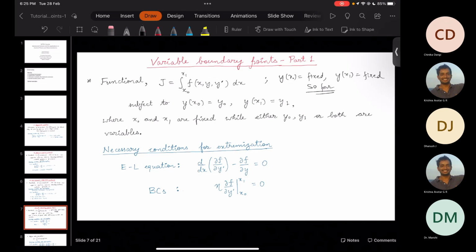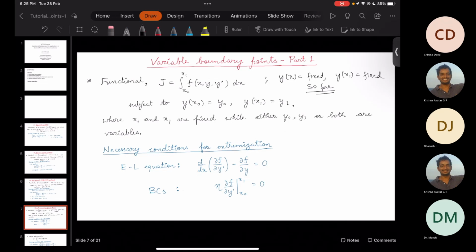So let's introduce the conditions which need to be satisfied for minimizing the functionals for those problems. We start with the functional j, defined as the integral from x naught to x1 of f(x, y, y prime) dx. It's just like any generic simple variational problem, subject to y at x naught equal to y naught and y at x1 equal to y1.